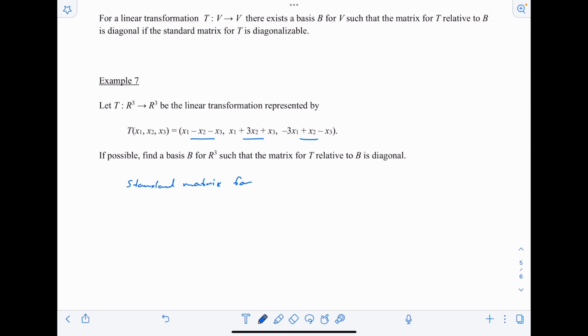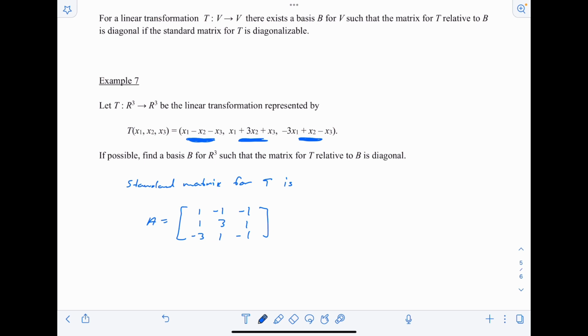So in this case, the standard matrix for T is going to be A equals, first row, looking at this first rule, 1, -1, -1. Second row, looking at the second rule, 1, 3, 1. And the third row comes from the third rule, -3, 1, -3. Or excuse me, -1. Okay, so that is our matrix.